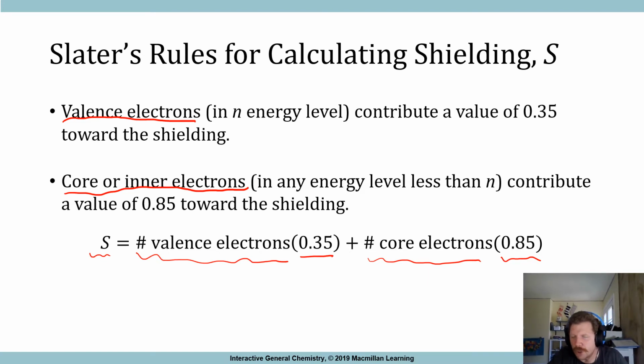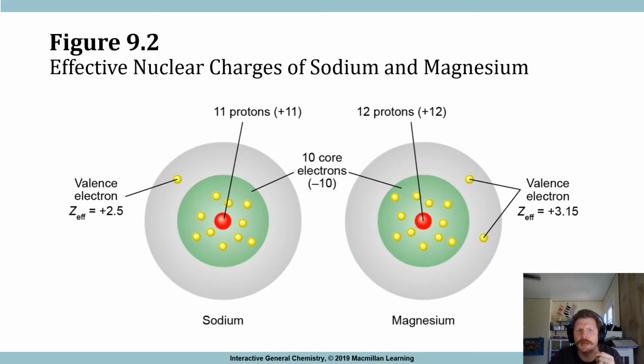So essentially, if you think about a sodium or a magnesium atom, at the center of a sodium atom there are 11 protons. That's 11 positive charges. Every single one of these electrons does not experience a pull of 11 protons.